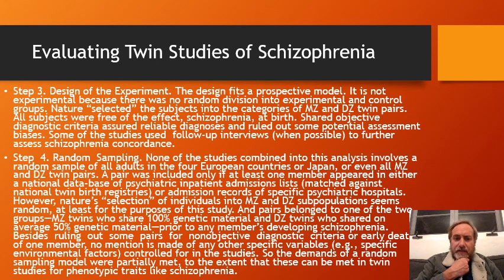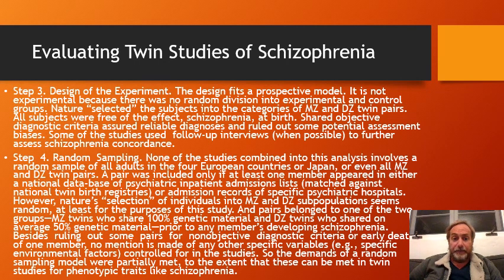Okay, so random sampling. How well does this study approximate a random sampling model? None of them did random sampling, like of all adults in the relevant countries. They didn't even randomly sample all twins. Instead, they looked up a database of psychiatric inpatient admissions and found schizophrenic people that had twins.